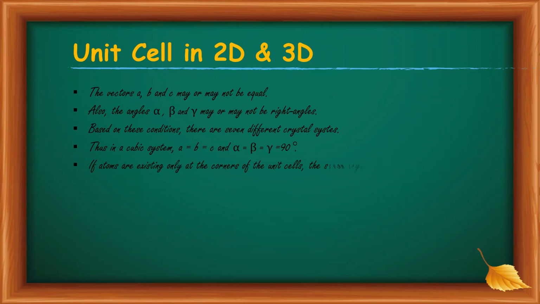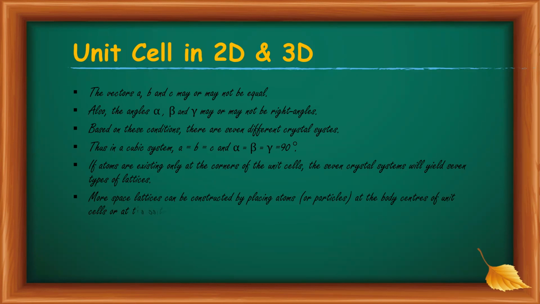If the atoms exist only at the corners of the unit cell, the 7 crystal systems will yield 7 types of lattices. More space lattices can be constructed by placing atoms or particles at the body center of the unit cell or at the centers of the faces.